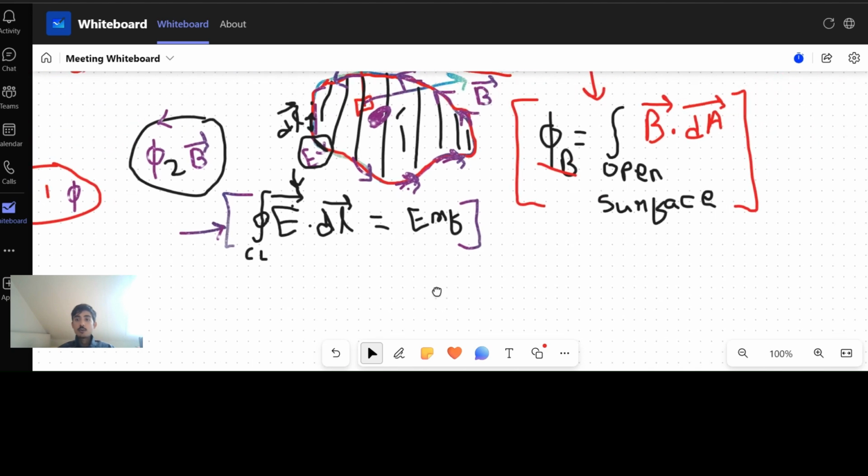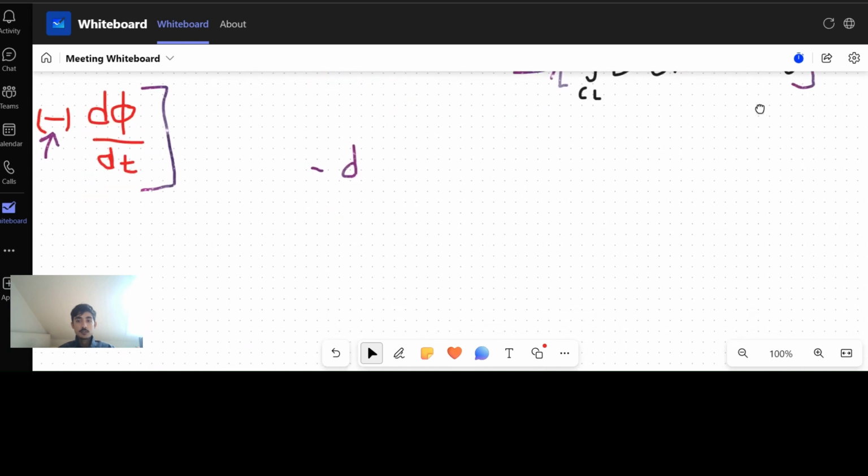Phi is the open surface integral of B dot dA, isn't it? Open surface integral of B dot dA.